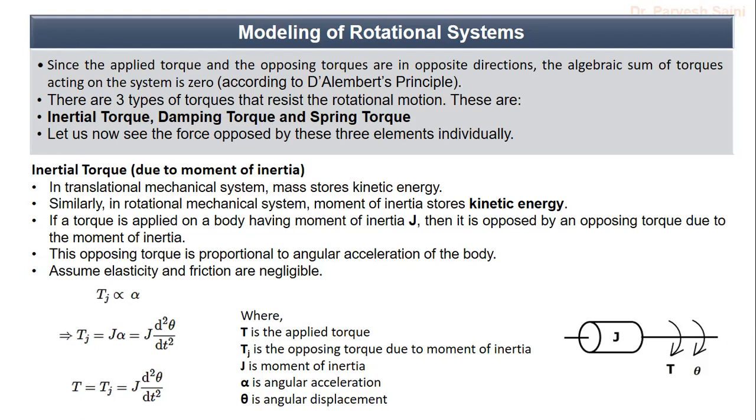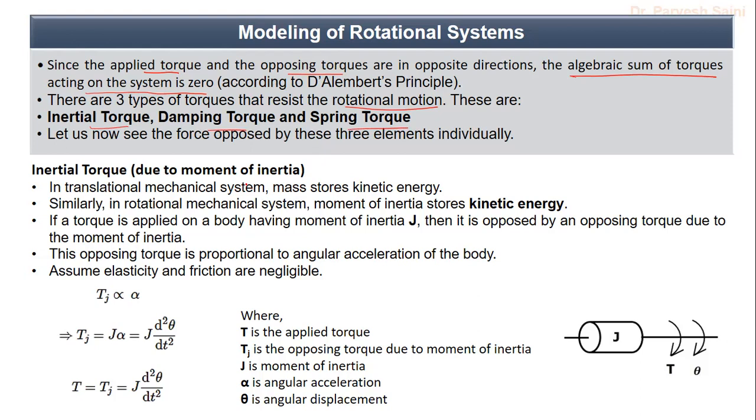However, here we talk in terms of torque, not force. So the applied torque and the torques opposing it, the algebraic sum of all these torques acting on a system, is zero. There are three types of torques that resist the rotational motion: inertial torque, damping torque, and spring torque, right?